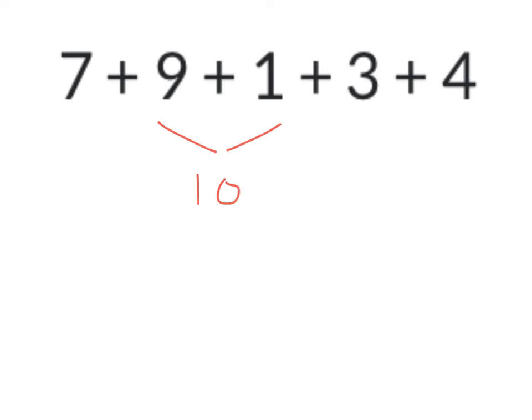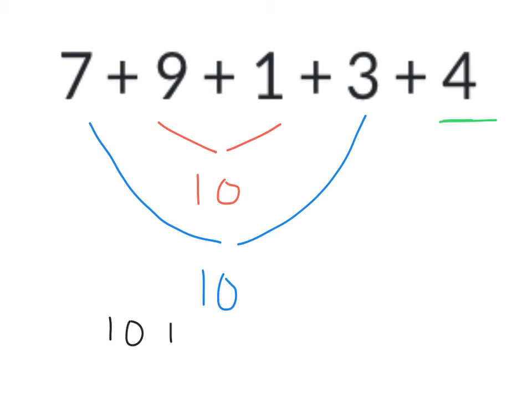I can also see that there is 7 and 3, and that makes the number bond 10. And then left over I have 4. So now my adding is much easier, because it's just a matter of going the 10 and the 10 plus the 4. It doesn't matter which order I add these numbers in, the answer is always going to equal 24.